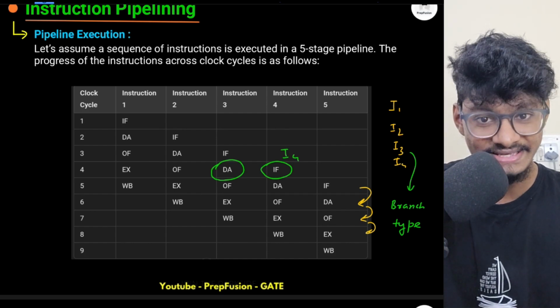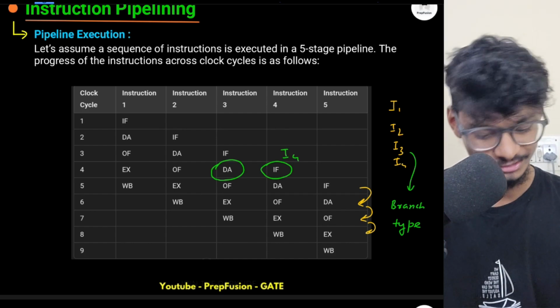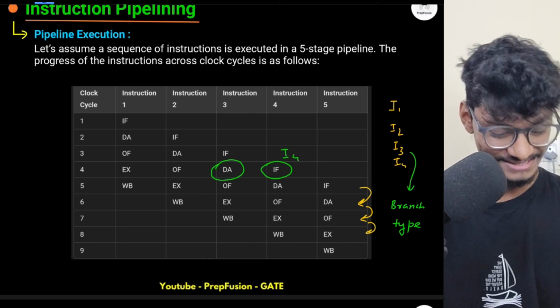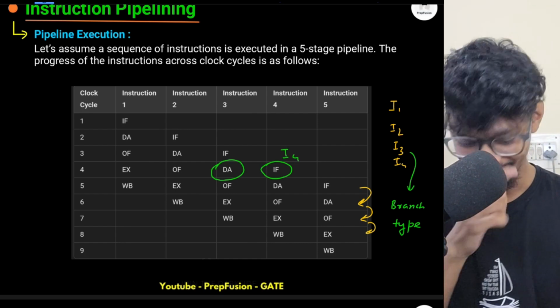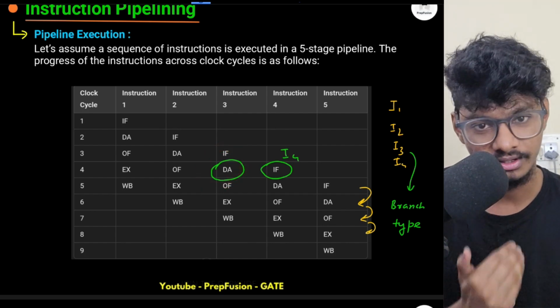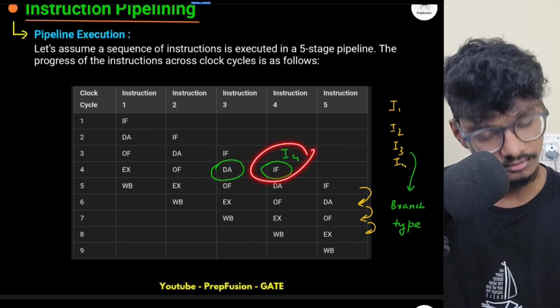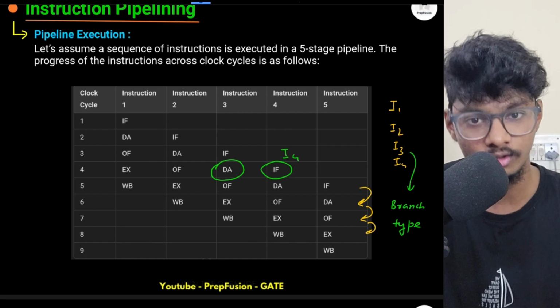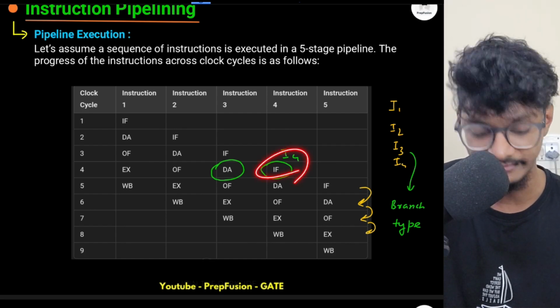So at this moment, he messed up. I will not say that word. Now the control unit says, oh my god, now what will I do? I have already continued to fetch the instruction I4, but I don't know if the next instruction should be I4 or something else.